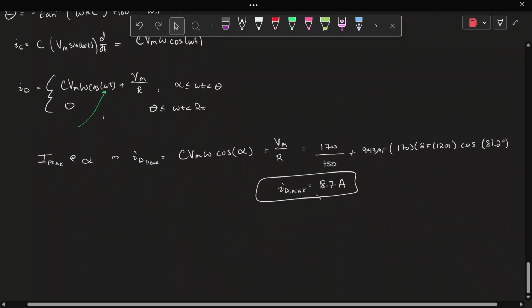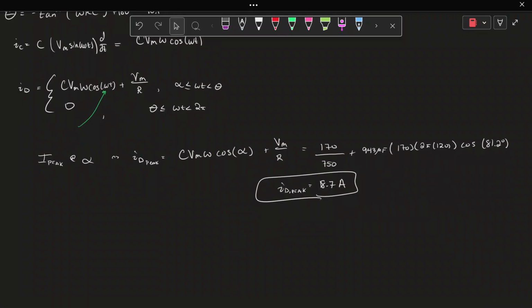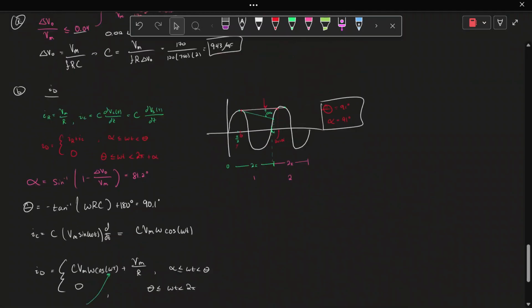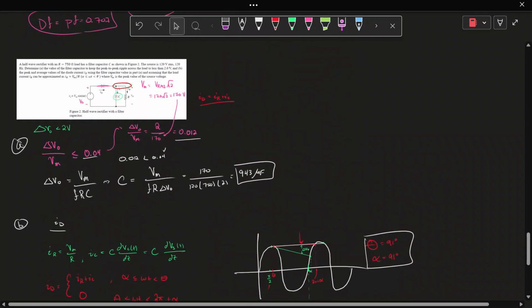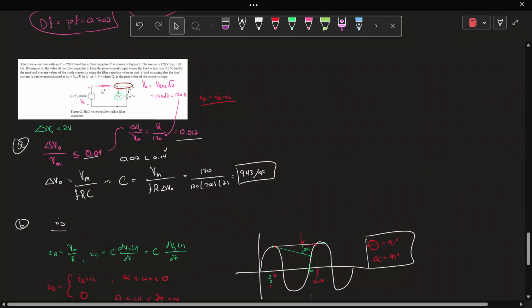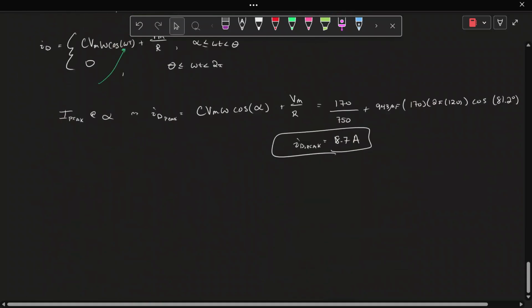Now, it also asks us for the average value. We have the peak value. Can we use it to find the average value? In this case, we can't exactly, or straightforwardly, solve for it using the peak value, but we know what average value is.